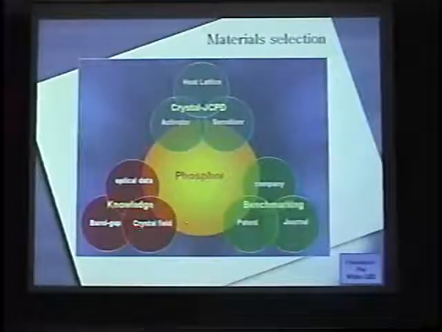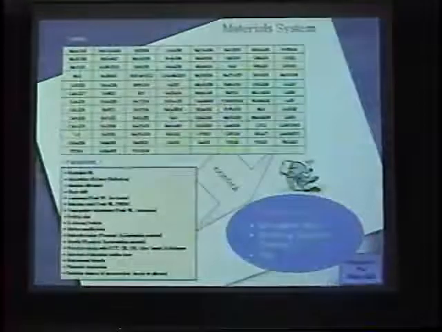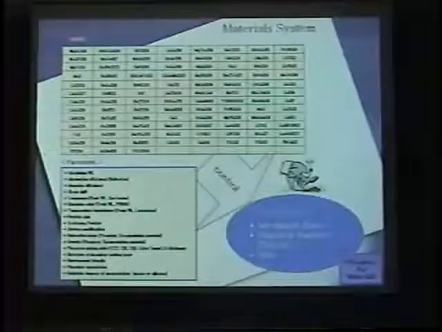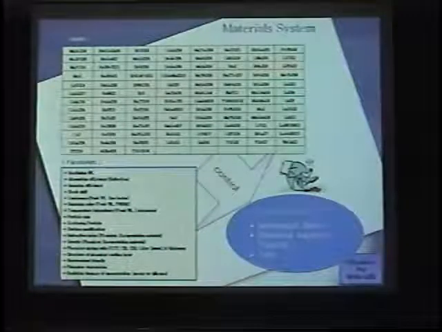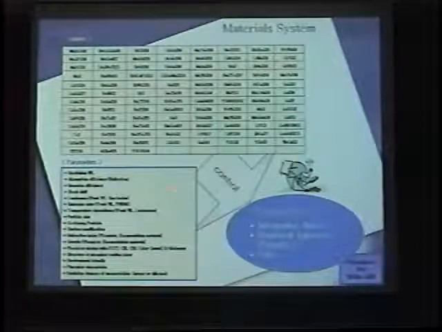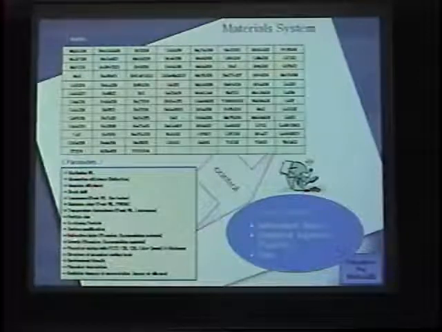Another one is knowledge. Maybe we have optical data, crystal field data, band data, and based on this knowledge, we can design the phosphor, then start to synthesize it. In fact, three years ago I started this study. First, I examined all the sulfur materials, and the process parameter is this.